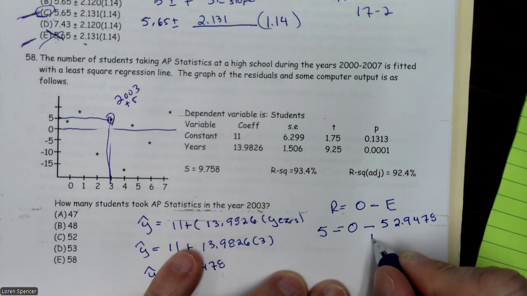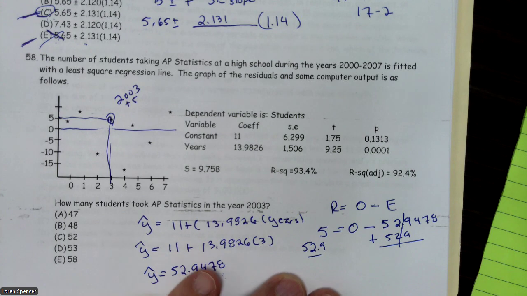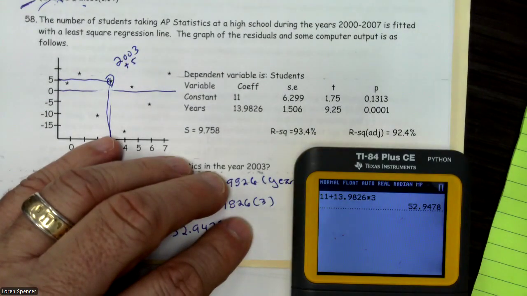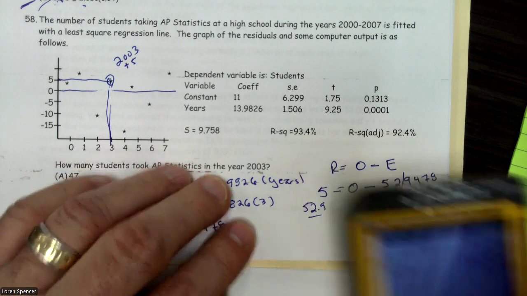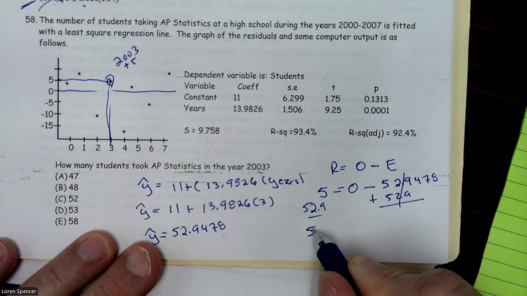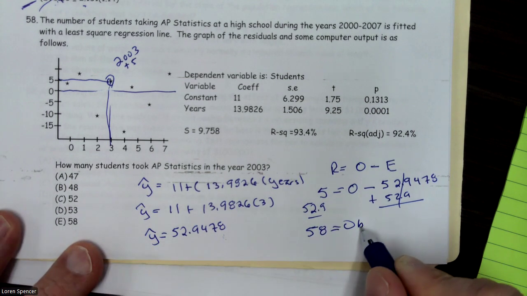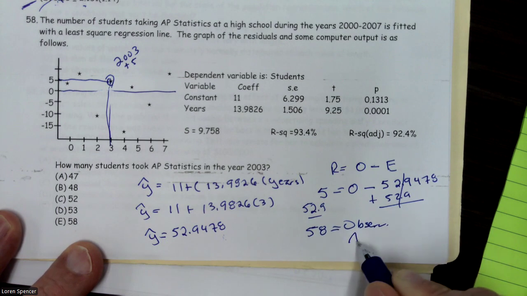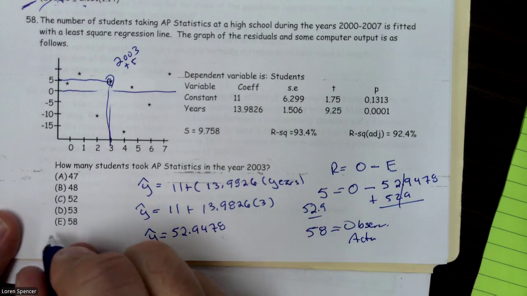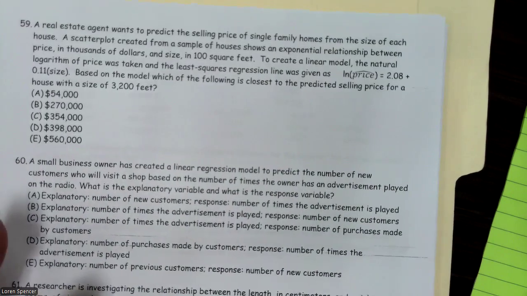So if I add 52.9 to both sides, I end up getting 5 plus 52 is 57.9. Well, we don't have a part student, so we must have observed 58, right? So 58 is our observed or our actual. Best answer to 58 is E. All right, moving on to 59.